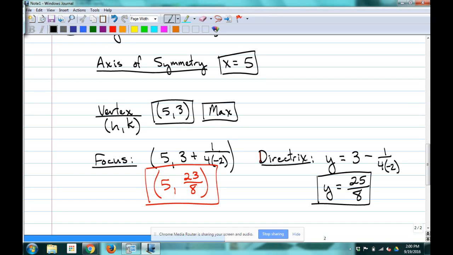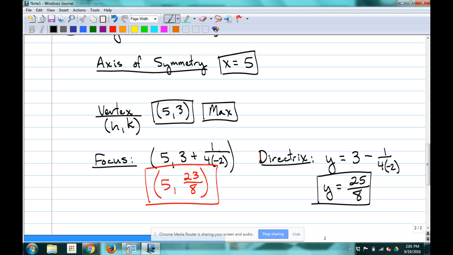Where did you get 8? 4 times -2. That's where the 8 is coming from for the denominators. 4 times 2 is 8. So do you go off the previous problem? I go off of the vertex. Focus is based off of the ordered pair that the vertex is, and I'm going to add to the y value. A is not -8.